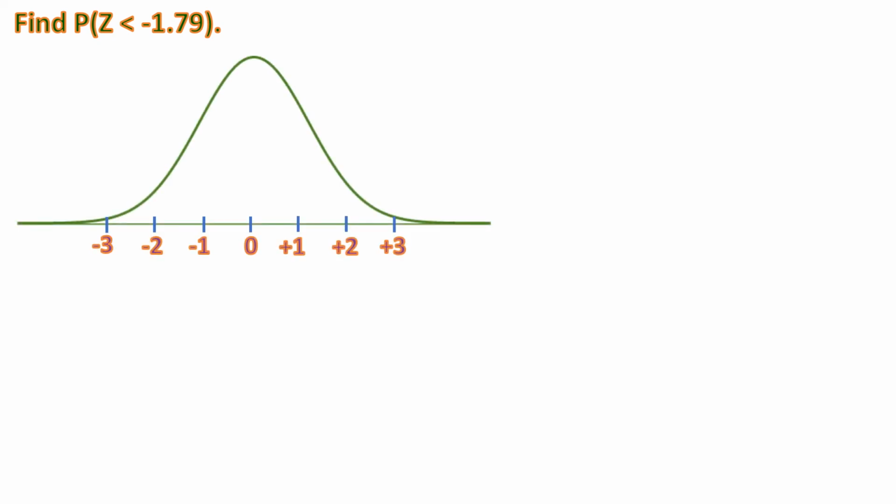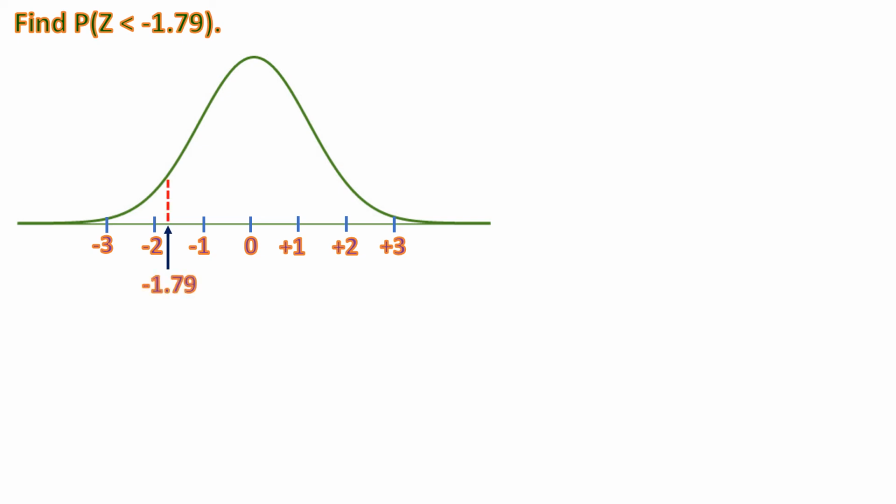But as I said before, less than or less than or equal to just have the same probability, so it doesn't matter, because z equals negative 1.79 is just probability equals 0. So let us now have the normal curve, and negative 1.79 is in between negative 1 and negative 2.